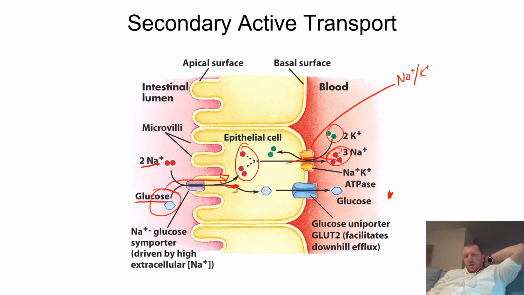The next one is our glucose uniporter, or GLUT2 protein, that is going to move this glucose from the epithelial cell into the blood so that it can be pumped throughout the body and ultimately be metabolized.